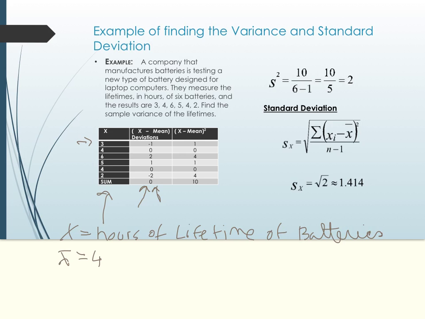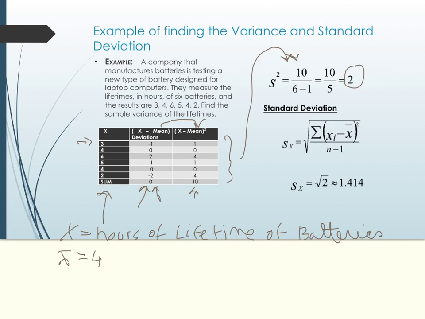So what we do is we take the deviations and we square them. And when we square them, we get the following numbers. When we add up all the squared deviations together, we get 10. And so for the sample, the variance is 10 divided by 6 minus 1, because n is 6, and then minus 1 is unbiased.